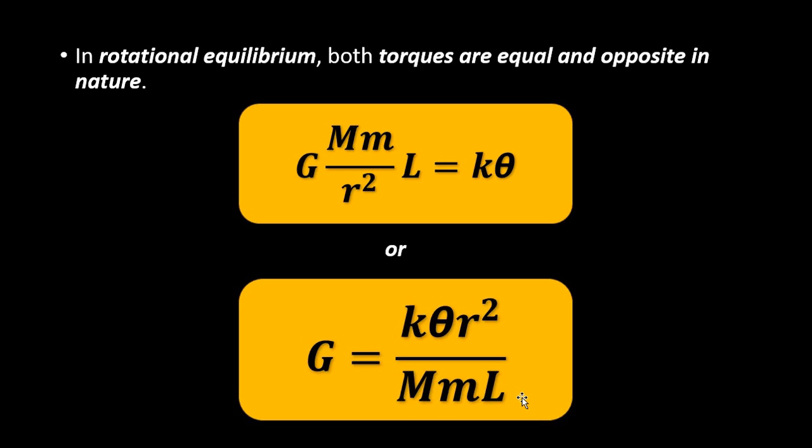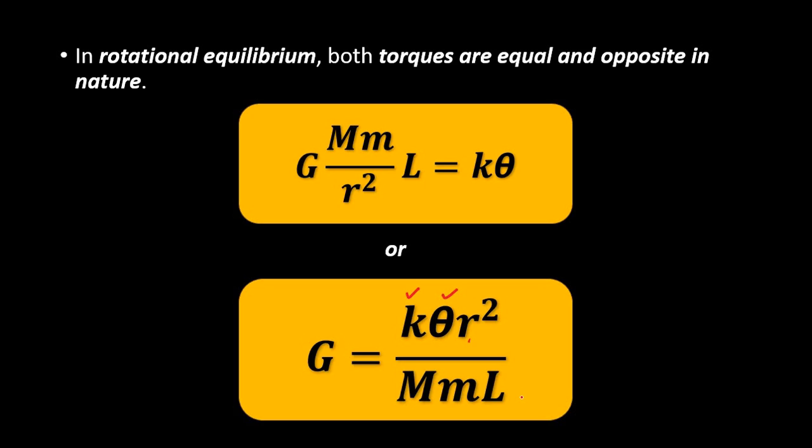Now here we know the value of the torsion constant of the wire. It is given in the specification sheet of the wire for the experimental setup. Theta is to be measured by using a light beam and plane mirror arrangement or any normal mirror arrangement. Then the separation distance we know.